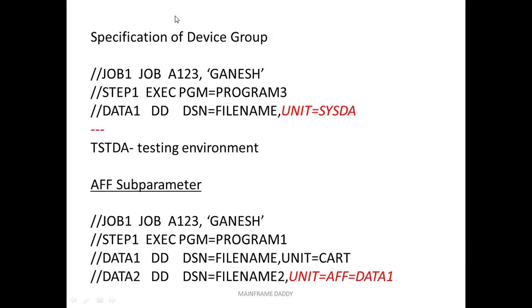Next is the specification of device group in the unit parameter. Here UNIT equal to SYSDA. This is a development region. SYSDA is a development region in a work environment, and if you code TSTDA, it is a testing environment. So it is a grouping: this area is for developers and TSTDA is for testers.